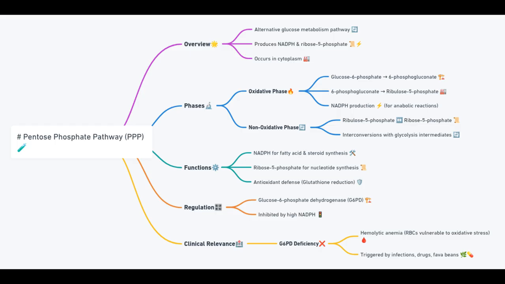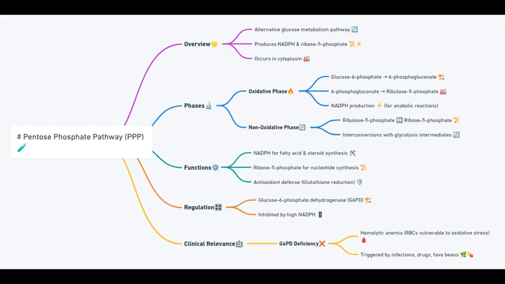The first step is dehydrogenation of glucose 6 phosphate at carbon 1, which is catalyzed by glucose 6 phosphate dehydrogenase, and this is the rate limiting step in the whole pathway. It's also the key step for regulation.